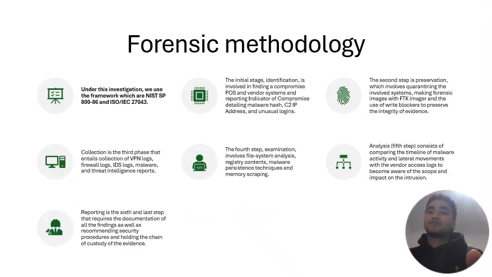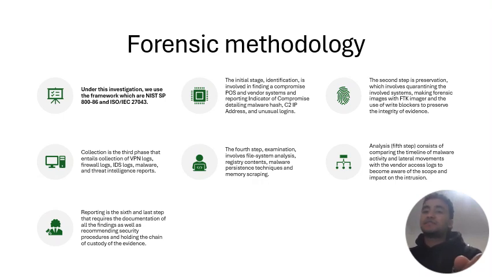According to the forensic methodology I will use for this investigation, the first thing is the framework. For this investigation we use the frameworks NIST SP 800-86 and ISO/IEC 27043. In this framework we have six phases. The initial stage is identification, which involves finding the compromised POS and vendor system and reporting indicators of compromise, detailing the malware.